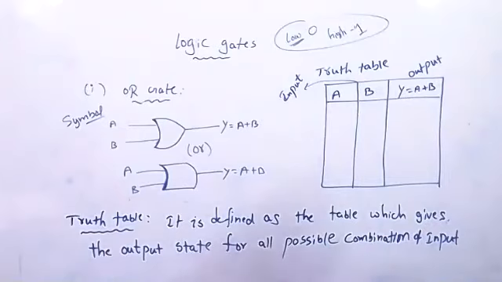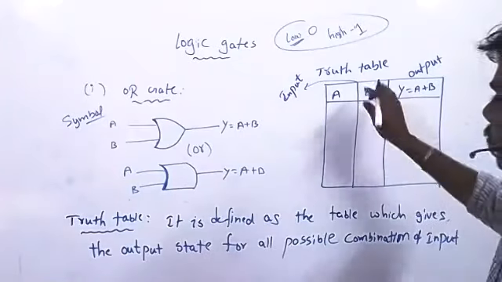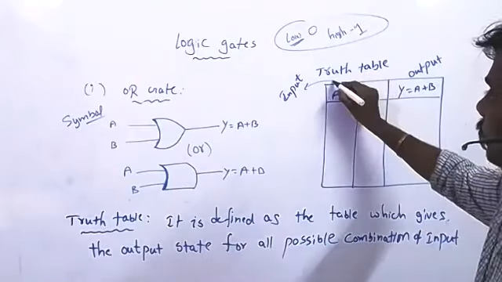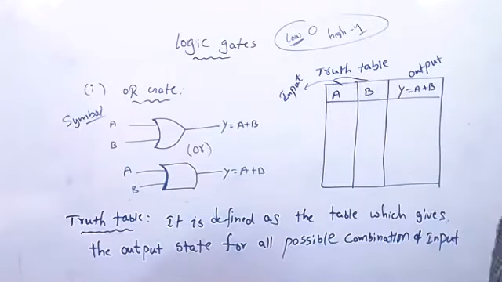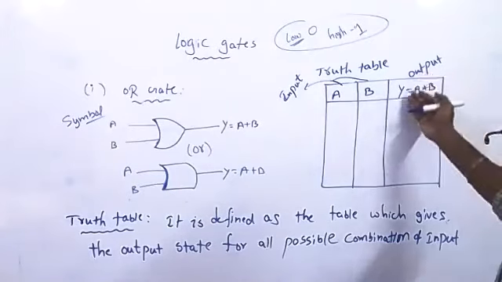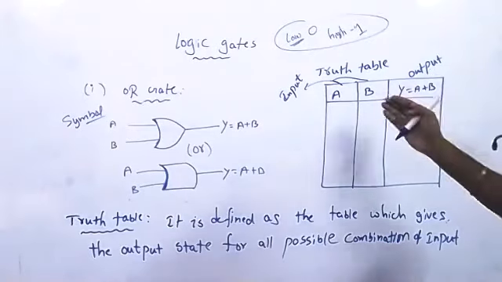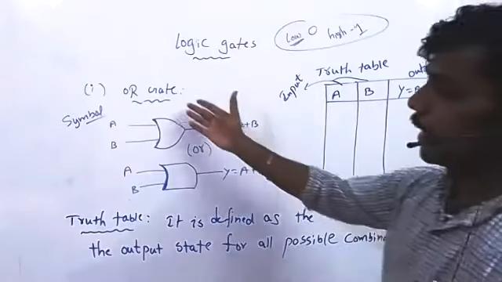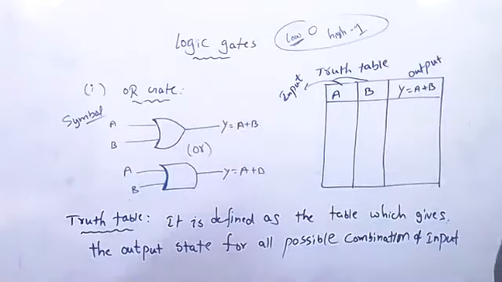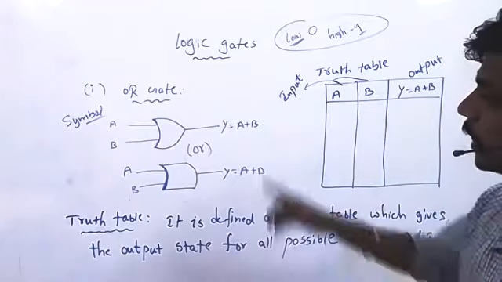Look at this. A and B are inputs. Output is Y. So Y is equal to A plus B. So OR gate output is A plus B. That's what you have to remember.